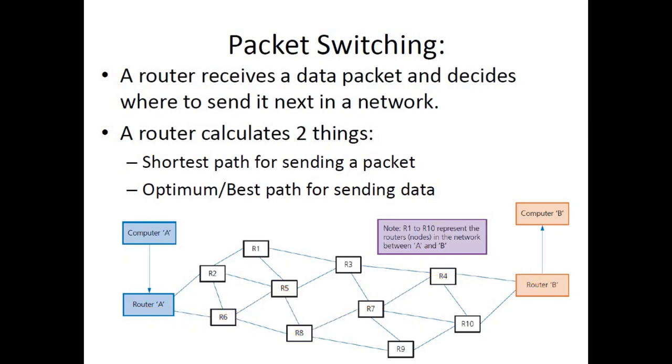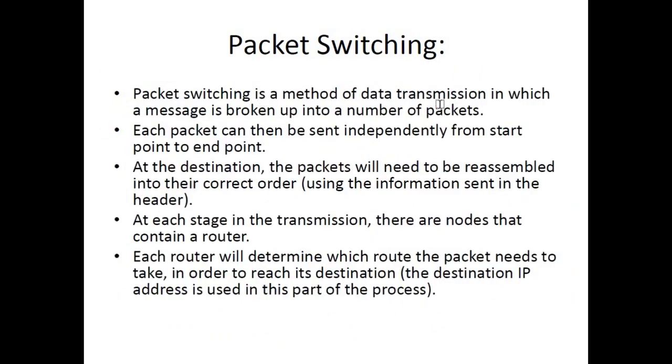So this process is known as packet switching: deciding for each and every data packet how it can be sent through the shortest possible path and through the best possible path. It is a method of data transmission in which a message is broken up into a number of packets.